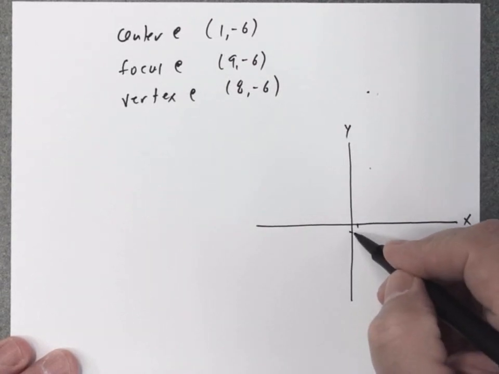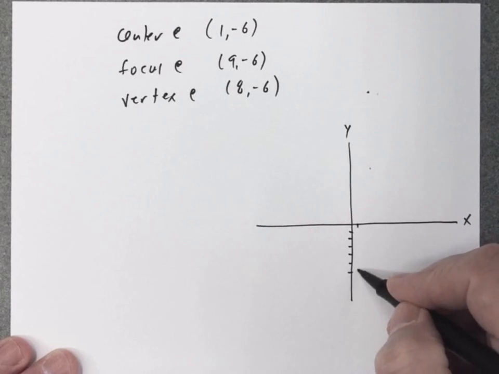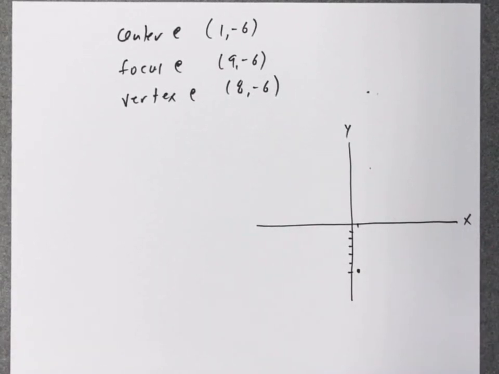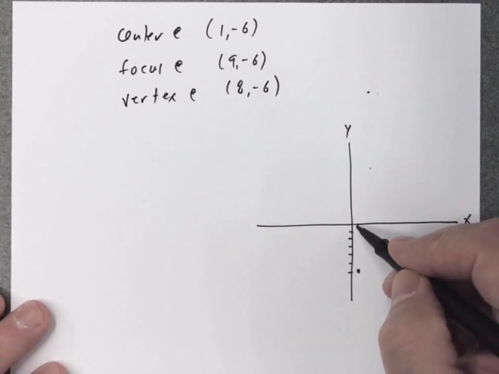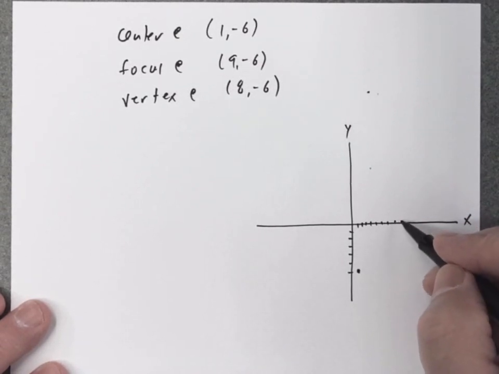x is 1, y is -6. Foci at (9, -6). 1, 2, 3, 4, 5, 6, 8, 9.